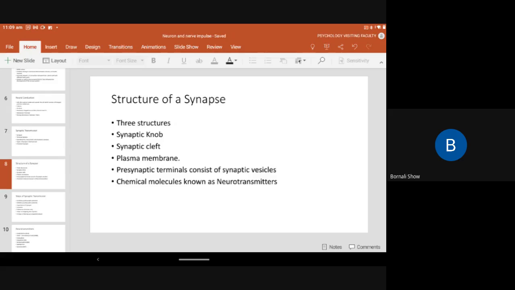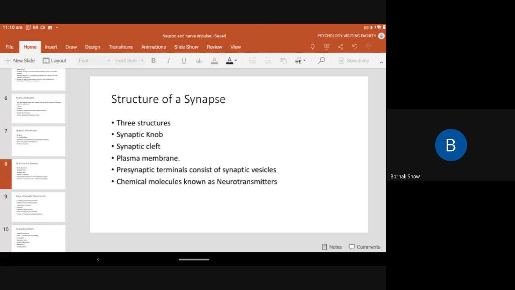Now, you may get some questions like what is a synapse? What is the structure of a synapse? And what are the importance or functions of it? It may carry 2 plus 3, that is 5, and 5 for the importance of the synapse.